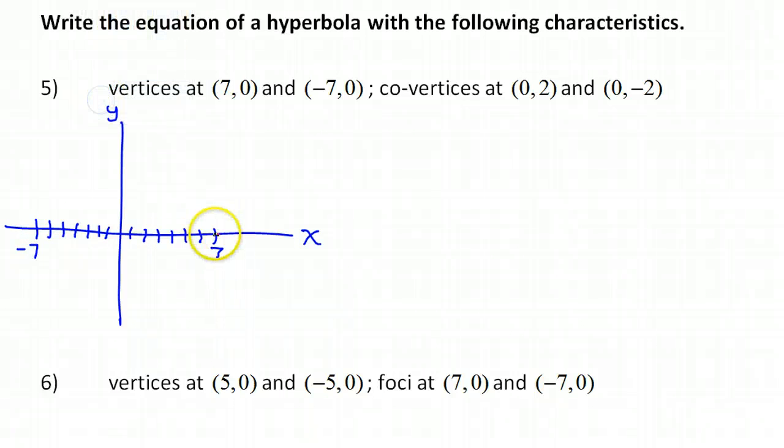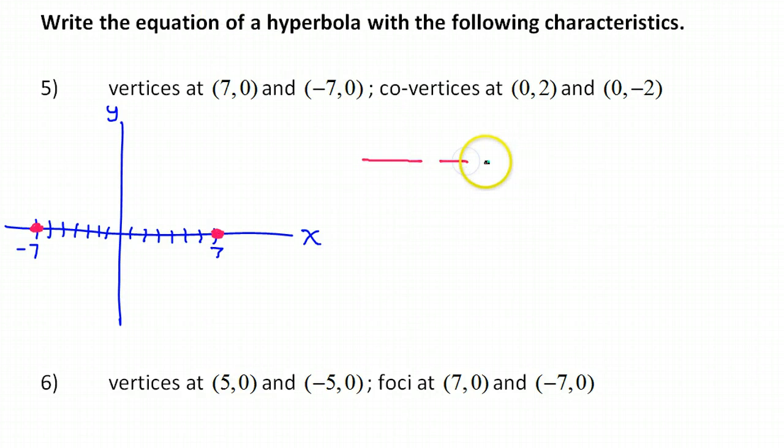Okay, so we have vertices here and here. Now, that gives us a bunch of information right now. First of all, it tells us that the hyperbola is horizontal.